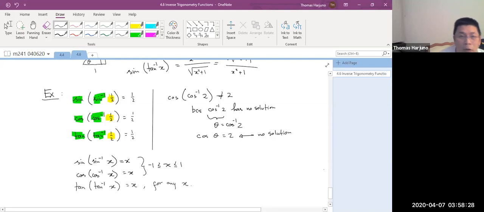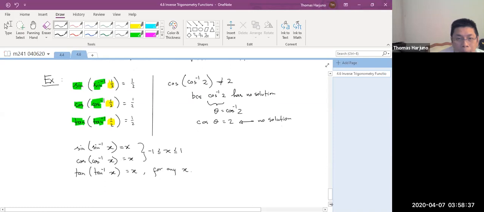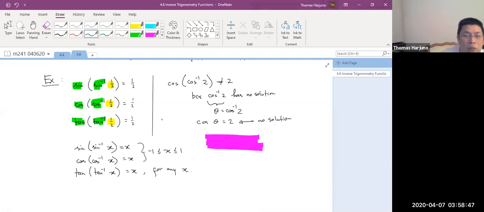Okay. Now notice that for this example, the trig function is outside, the trig inverse is inside. Now compare that to, let me put it here. They look very, very similar, but they are not.